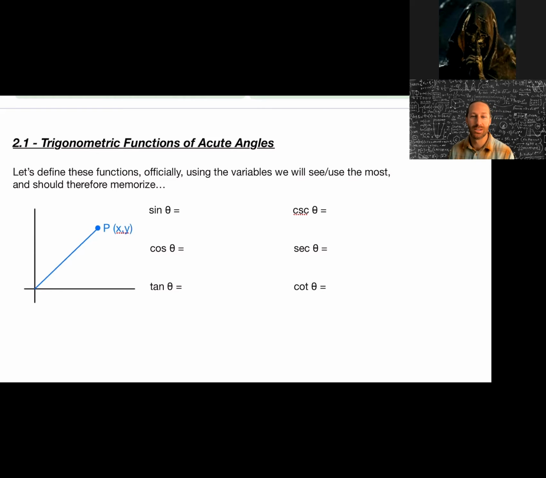2.1, trig functions of, we're going to just focus on acute angles. Now remember, that's one of those mini definitions that we talked about in that first chapter. Acute, meaning between 0 and 90. So I'm just going to focus on quadrant 1. Now we haven't officially defined our functions using the most common way that we will see and use these trig functions, which is going to be on our x and y axes, not just some triangle floating out in space.